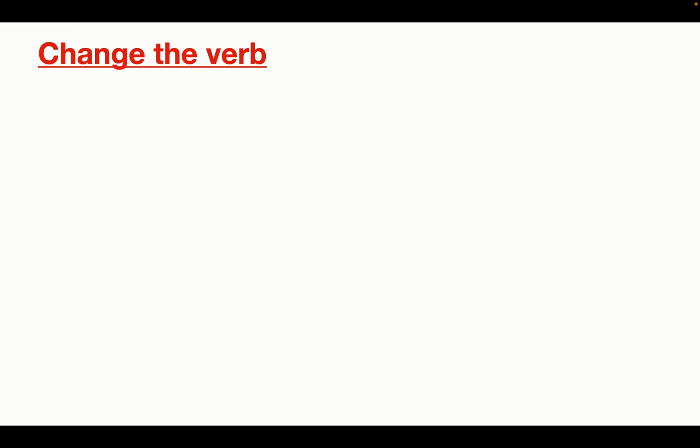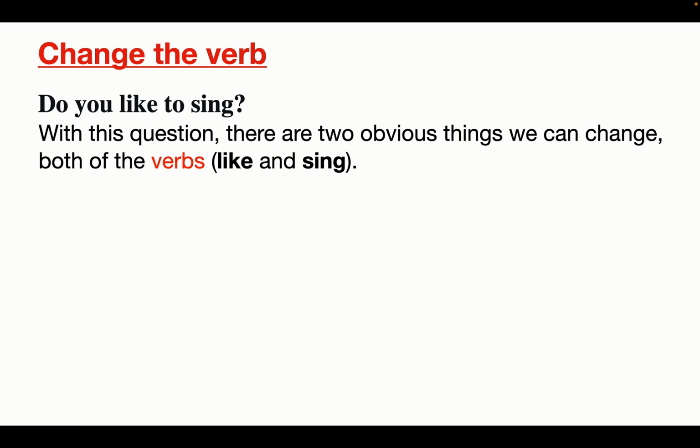The question is always going to be asking us about a verb. So here we have a question. Do you like to sing? What's the verb in this question? So there are 2 obvious things that we can change. The verbs would be like and also to sing. So there are 2 verbs we could change in this.